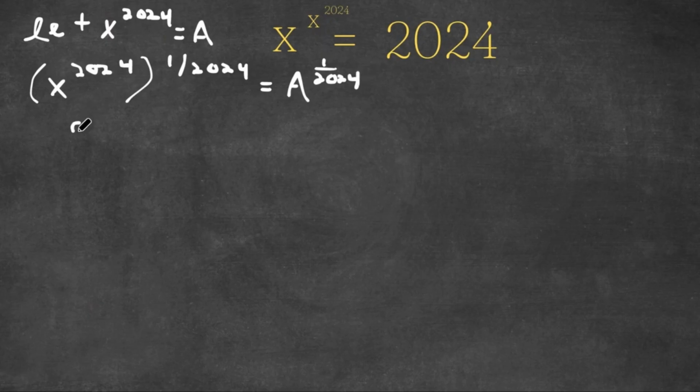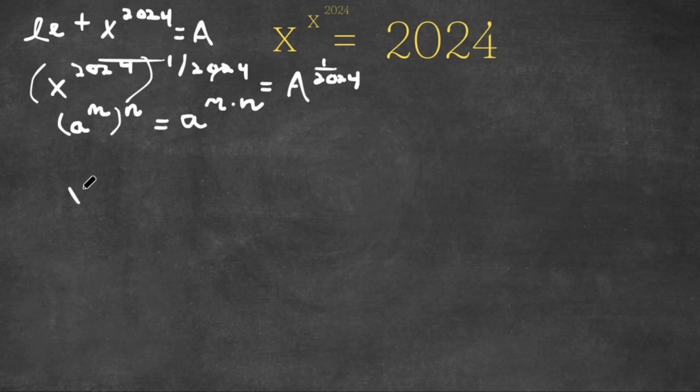Now, if we have something in the form a to the power of m to the power of n, this is equal to a to the power of m times n. So x to the power of 2024 to the power of 1 over 2024, well, 2024 times 1 over 2024, these two simply cancel out and it's simply just 1.